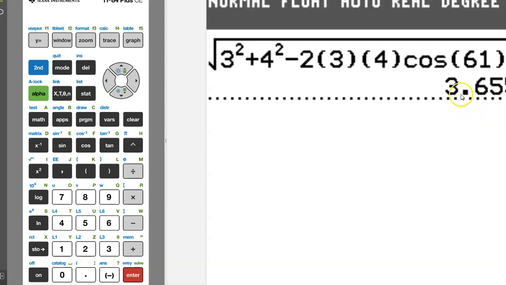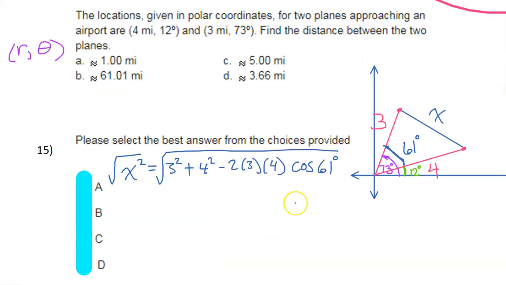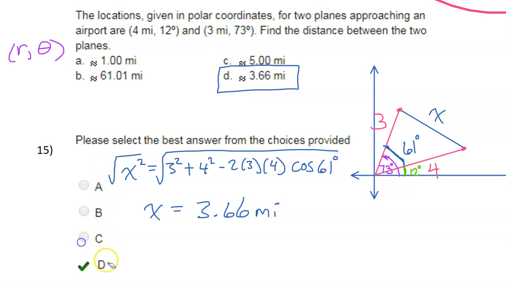And that's giving me 3.65. Or I guess I would round up and say 3.66. So as you can see, the answer is D. Ta-da!